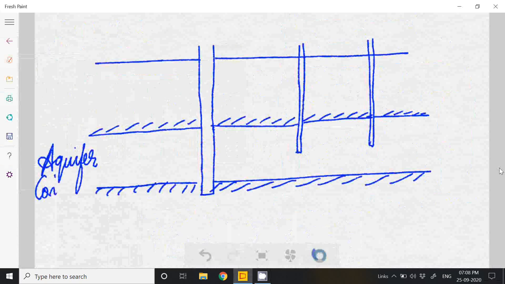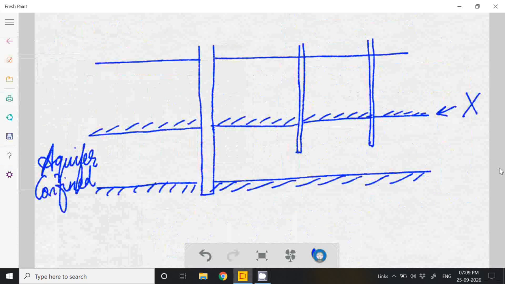In the previous case this impermeable strata was not there, so it was an unconfined aquifer.